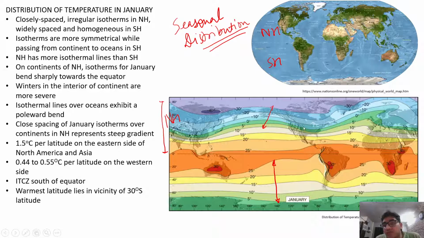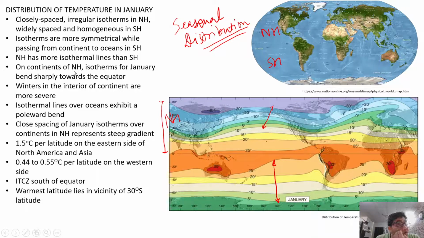But if you see the northern hemisphere, there is a lot of irregularity when they pass from the continent towards the oceans. Another thing, due to the cold climate in the northern hemisphere during January, you can see the number of isotherms is more in the northern hemisphere, while the number of isotherms is less in the southern hemisphere.